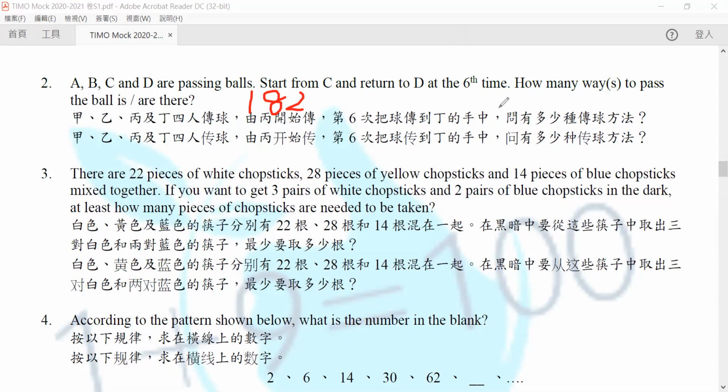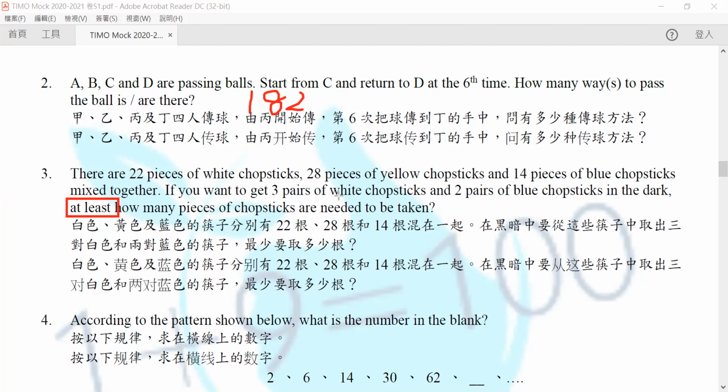Every time it asks for the least amount, think of the worst case scenario first. Every time it asks for at least or other similar words, for example the minimum or the maximum or the most, think about the worst case scenario.